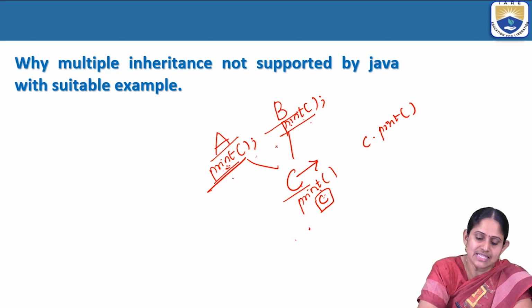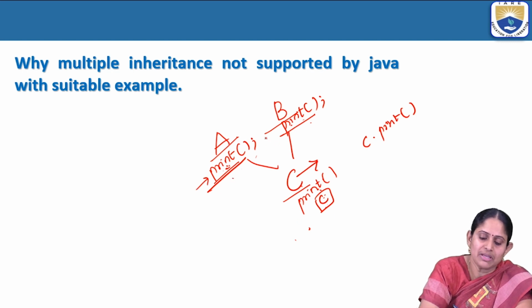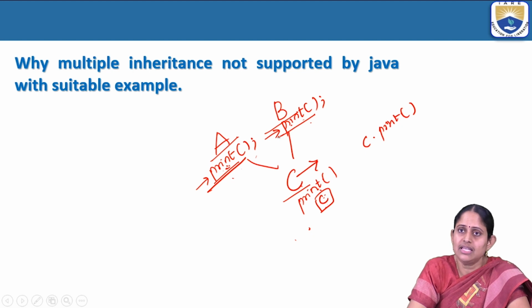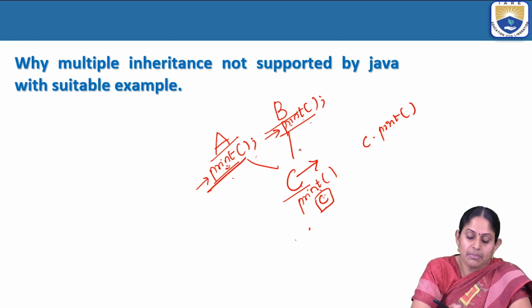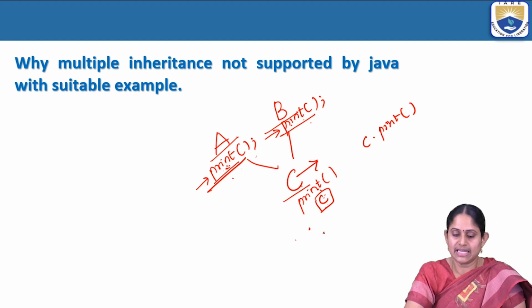Since A and B are interfaces, the body will be provided by the child class, whoever is inheriting that particular interface.